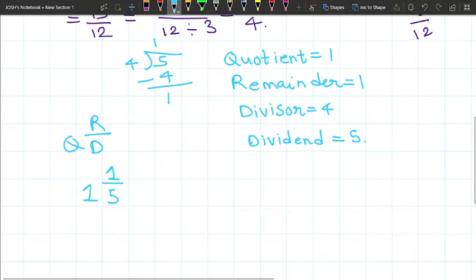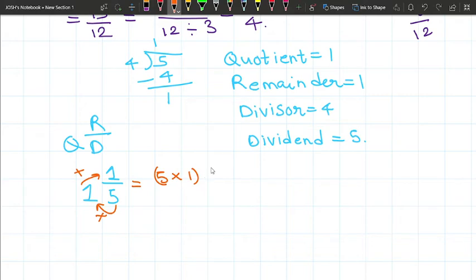Now how to check if your answer is correct? To check if your answer is correct, what we do is convert it back to improper fraction. So it will be 4 multiplied by 1 plus 1. Multiply 4 and 1 and then add 1 to the product, over 4.